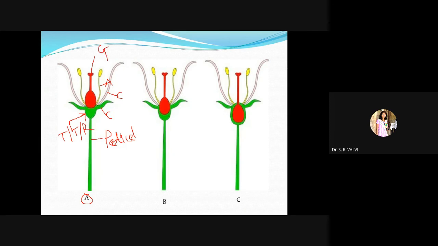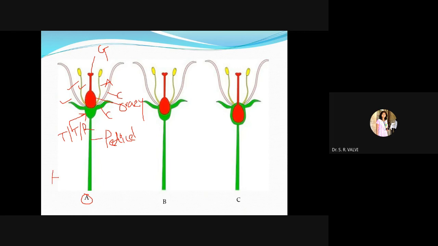So below the gynoecium, this swollen tip is nothing but the ovary, right? Below the ovary or below the gynoecium, the rest of the floral whorls are coming. Which floral whorls? The calyx, corolla, and androecium. Below the gynoecium, the rest of the floral whorls are coming.